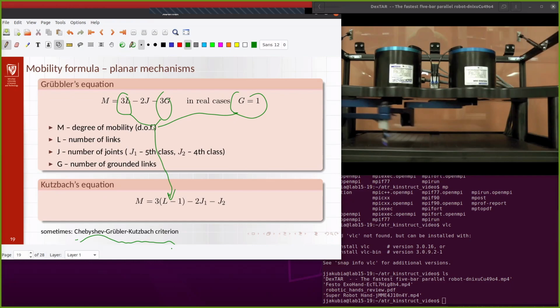The history was like that: Grubler developed the first one just for the 5th class joints, and then Kurzbach generalized it for the 4th class. At the same time, Chebyshev was working and got a similar formula, so that's why they are known under these different names.